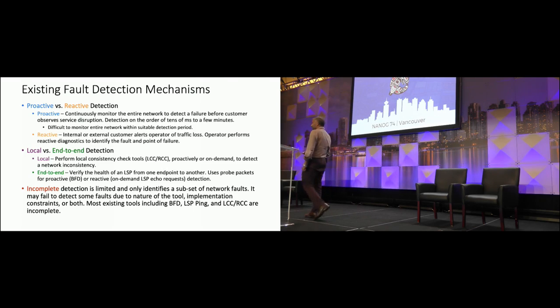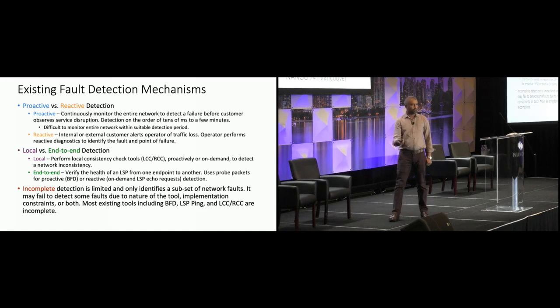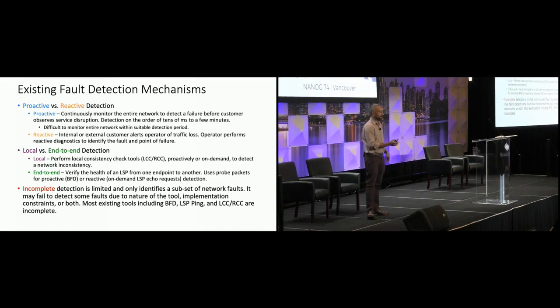And then we can also say that the tools available to you right now could be local, which means that they just rely on the node. They don't send any probes or anything outside the box. So for example, some routers and switches have label or route consistency checkers, which make sure that the label or routing database is in sync with the FIB.